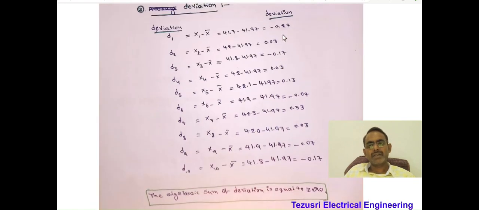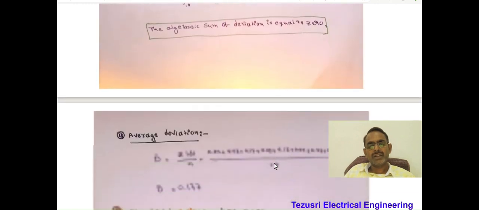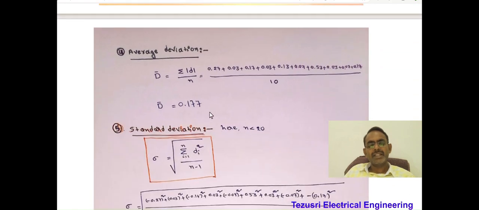We sum all these deviations, then we get 0. Next, average deviation. Average deviation is nothing but the sum of the deviations by number of samples, where the deviation value is taken irrespective of the sign. Then we get 0.177 here.